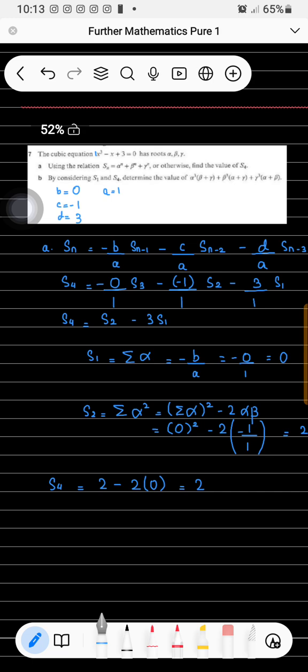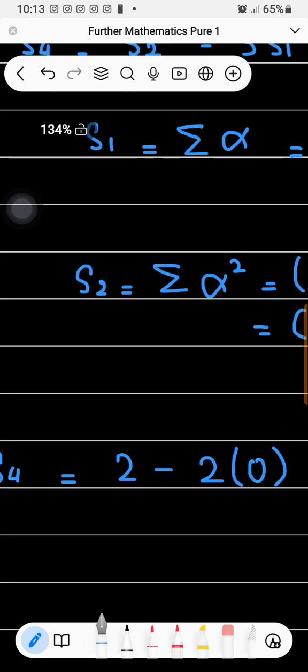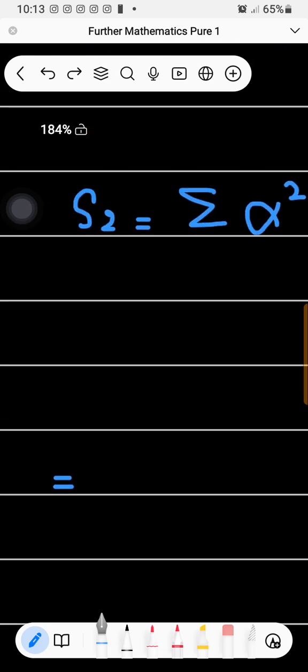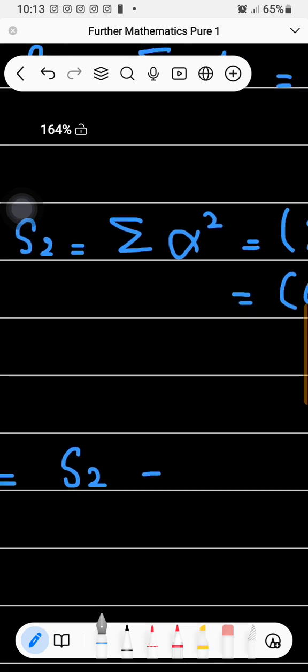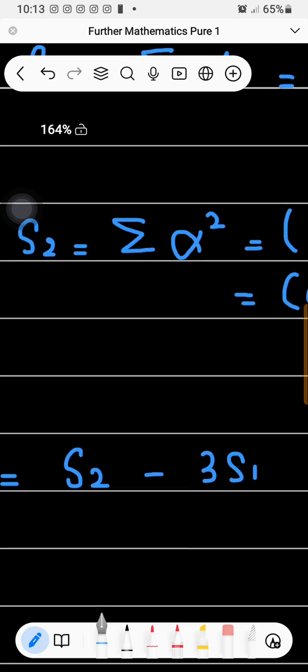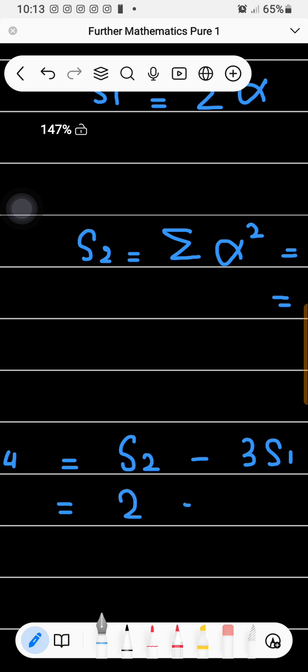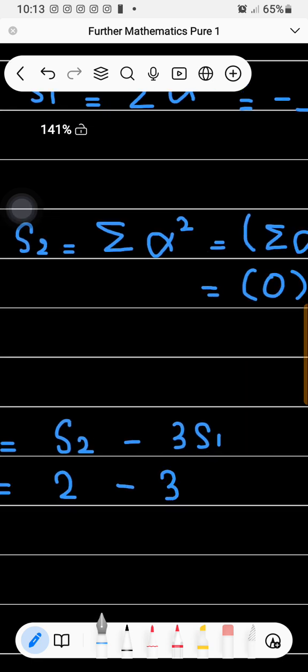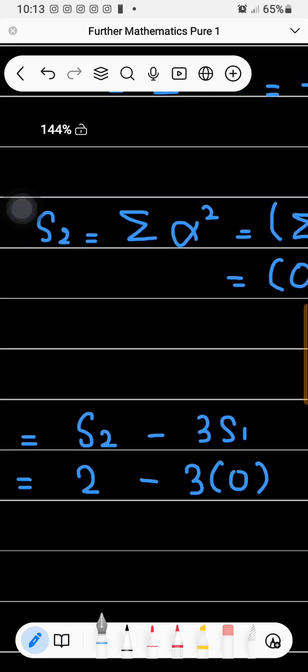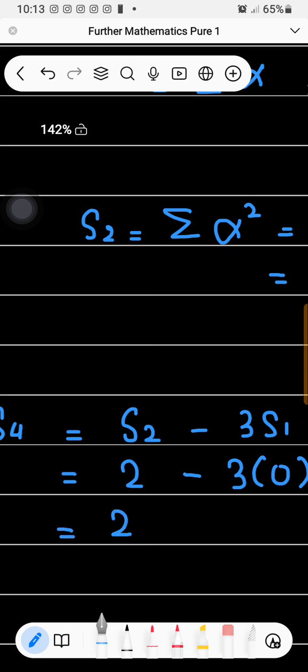Let me write the formula again for S4 which we had found: S2 minus 3S1. We found S2 as 2, and S1 as 0, so our answer is 2.